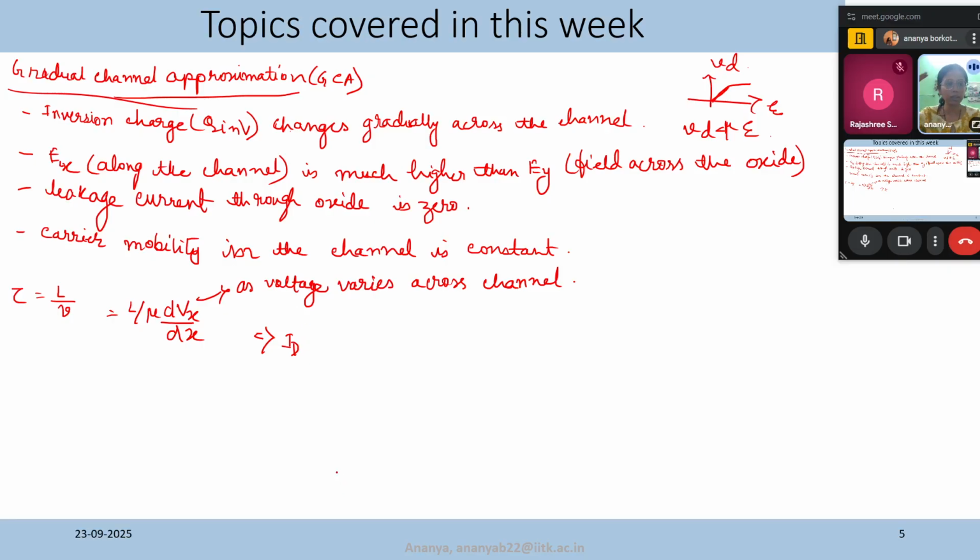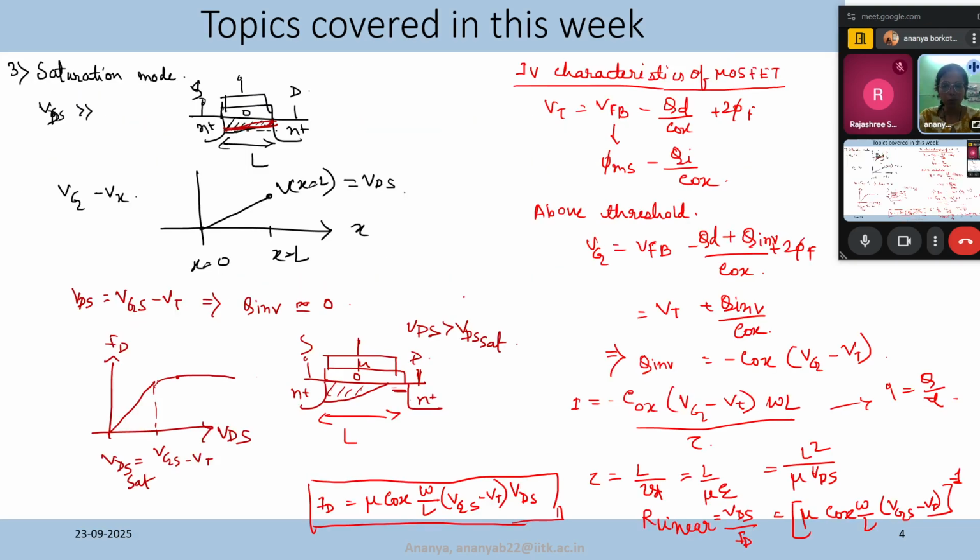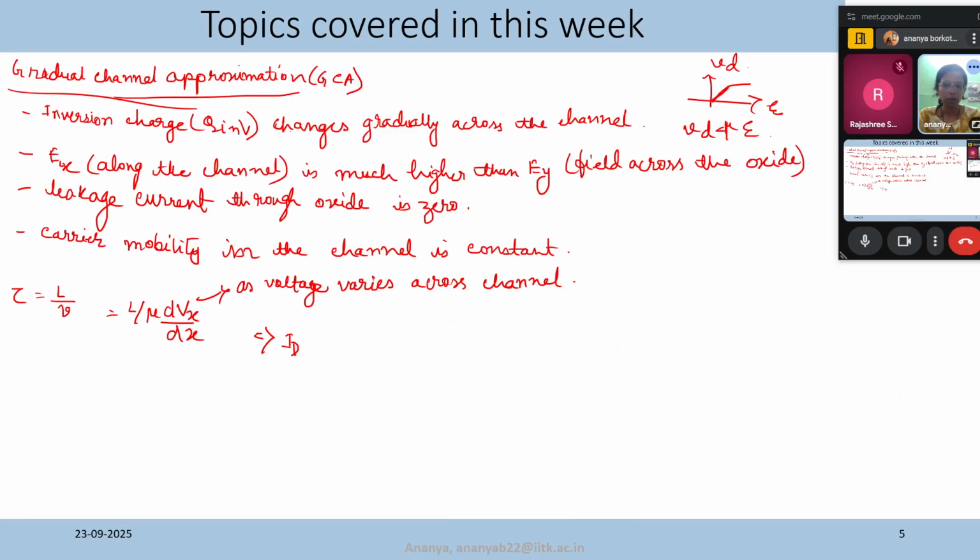That is from this gradual channel approximation. We are considering that our channel density is changing gradually, as I showed in this graph. This is a pictorial depiction of this gradual channel approximation, okay? It may not be like that exactly. Our channel density, the inversion charges, may not vary like this gradually.